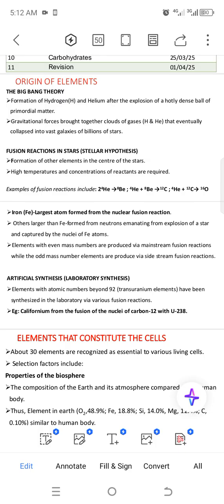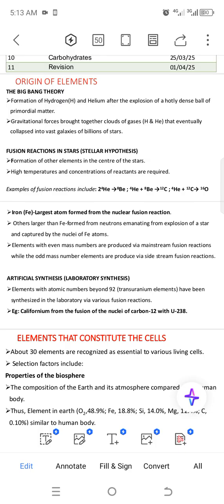Primordial matter. And as I said earlier, a primordial matter can be defined as pre-existing matter. So it was because of the explosion of the hotly dense ball of primordial matter that led to the formation of what? Hydrogen and what? Helium.